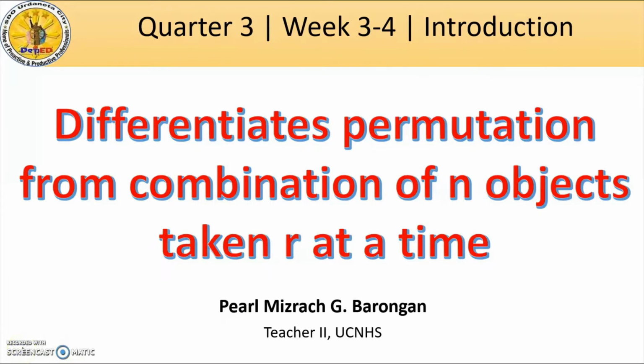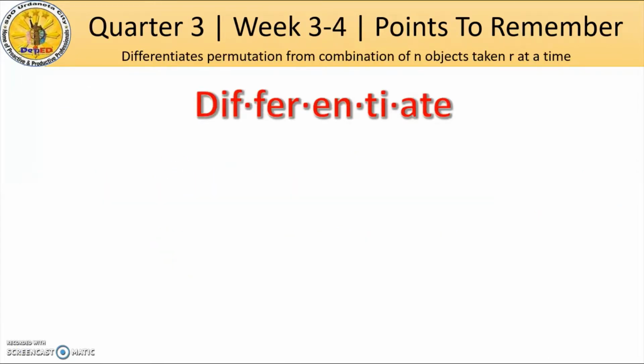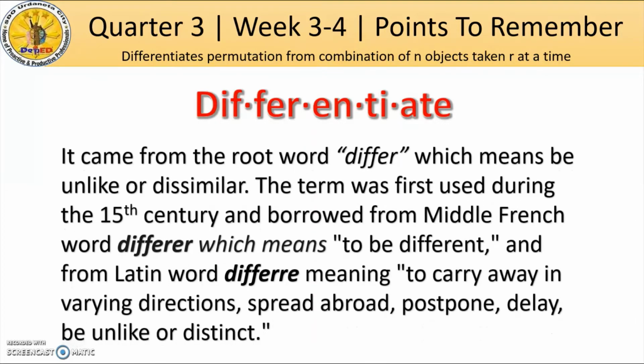Before we proceed to our lesson proper, let us first study and define the word differentiate, because permutation and combination have been numerously defined during your previous lesson. Differentiate came from the root word differ, which means be unlike or dissimilar.